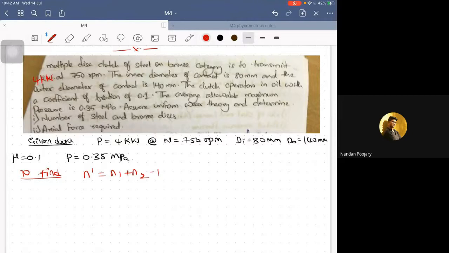So n1 plus n2 is being questioned. Very good. Next, axial force required. That means Fa, the axial force, is asked. So this is the problem for you. Let us move on with the solution.